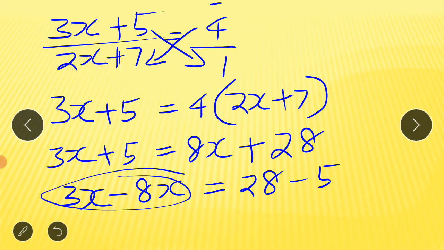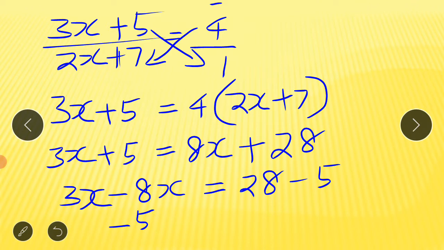So now simplify the like terms. We will have minus 5x equal to 28 minus 5, 23, is it? So further we need to separate the variable. Between the variable x and minus 5 there is an operation of multiplication, not subtraction.